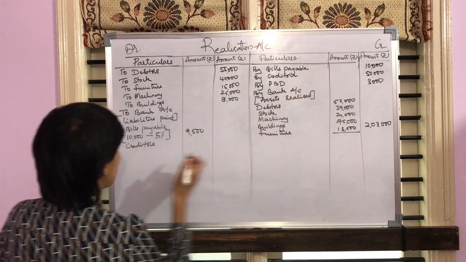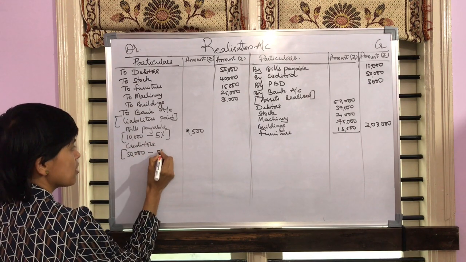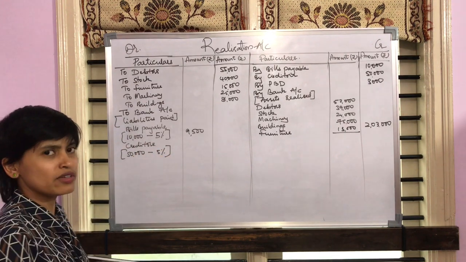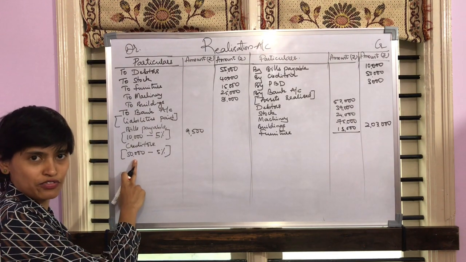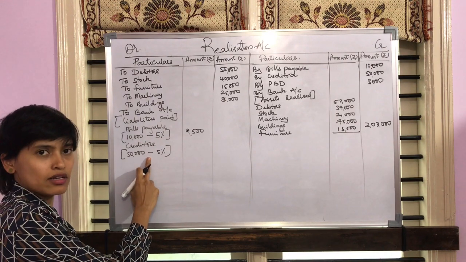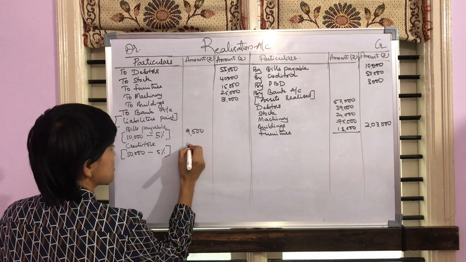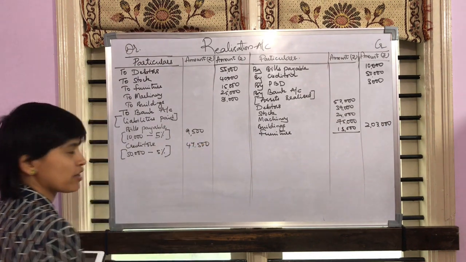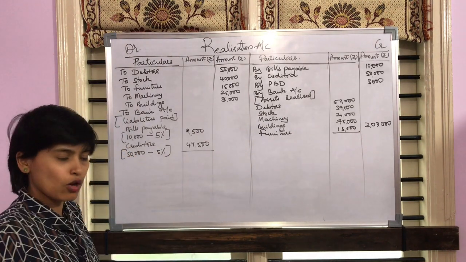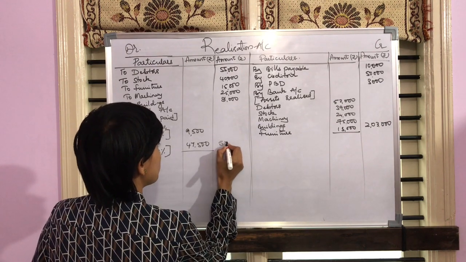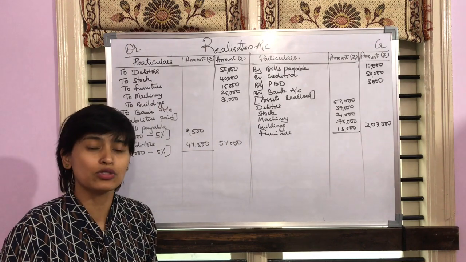Value is 50,000. So 50,000 minus 5% discount. Whenever there is discount, make sure that you are going to reduce. So on your calculators type 50,000, use the minus symbol, type 5, use the percentage symbol, you will get the answer as 47,500. These are the only two liabilities. Let's close. You will get a value of 57,000.